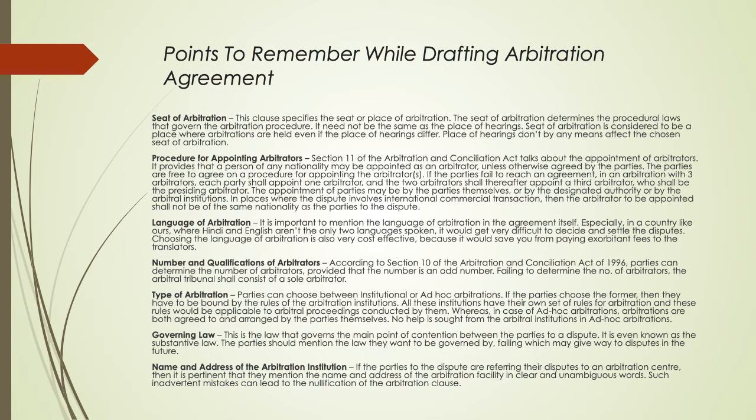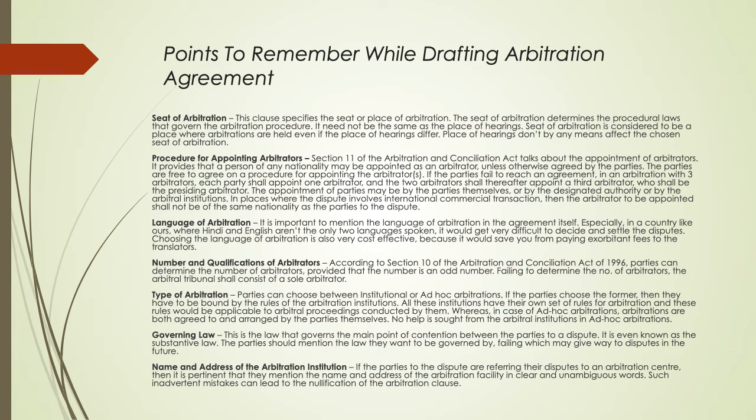Then the procedure of appointing arbitrators. So this is about the appointment of arbitrators. Section 11 provides that a person of any nationality may be appointed as an arbitrator unless otherwise agreed by the parties, and the parties are free to agree on a procedure for appointing the arbitrator.